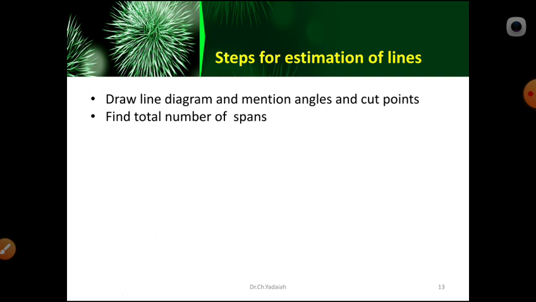In the problem we will give the total number of spans. How to find the spans, let us see later. First we find the number of spans, the distance between two consecutive poles. After knowing the span, find the number of poles. How many poles are required?